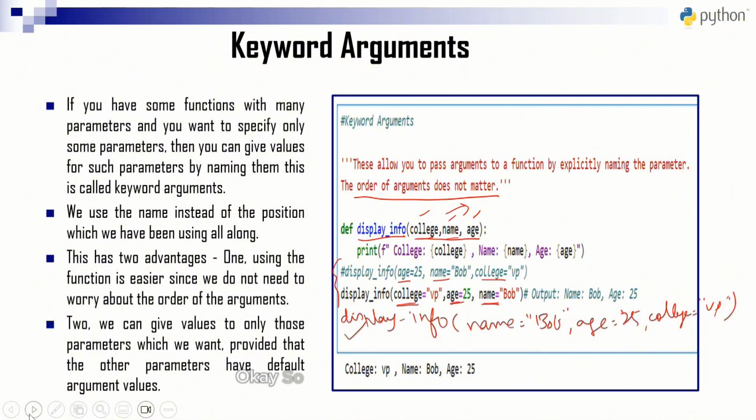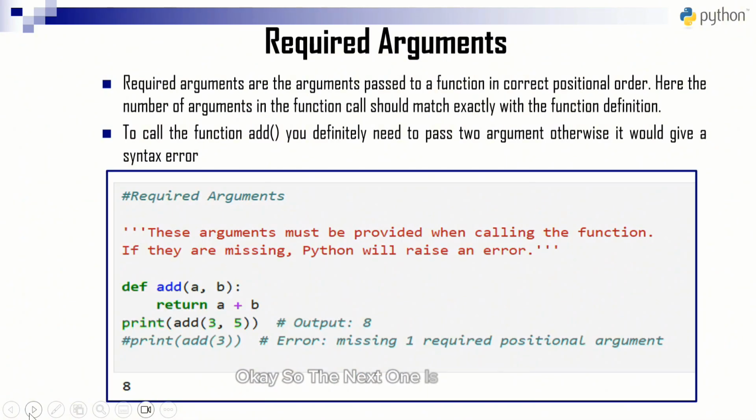Okay, so the next one is required arguments. As the name indicates, the arguments which we are using in a function definition are required. Required in the sense, when I am calling a function, I need to pass all the actual values for these parameters.